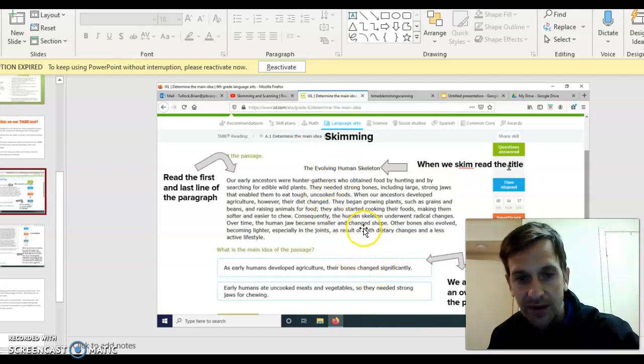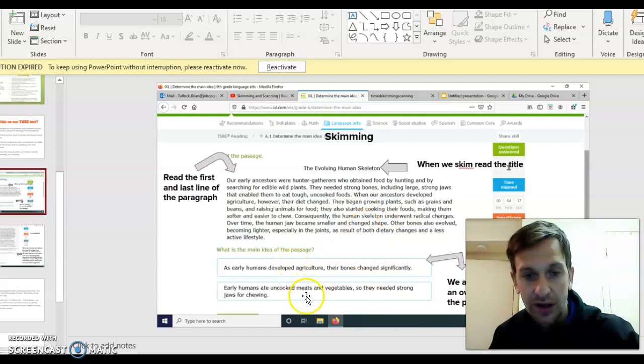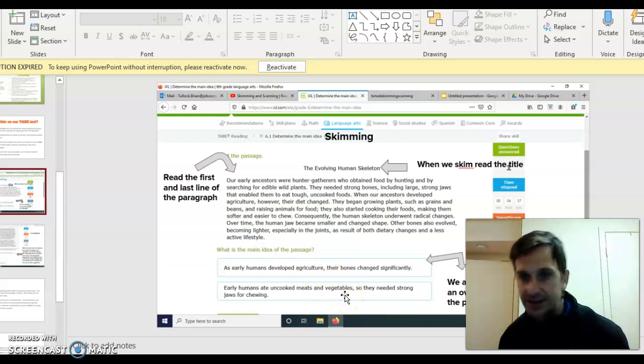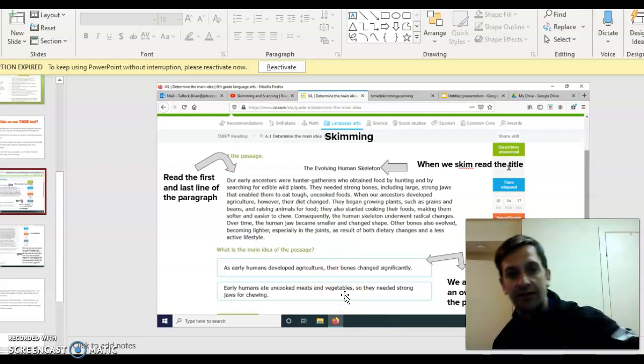As early humans developed agriculture, their bones changed dramatically. Early humans ate uncooked meats and vegetables, so they needed strong jaws for chewing. The skeleton. What does the skeleton tell us? Bones, right? The evolving human skeleton. They obtained food by hunting and searching for edible wild plants. Bones evolved, becoming lighter, especially in the joints.